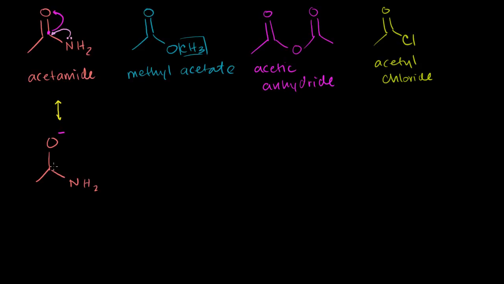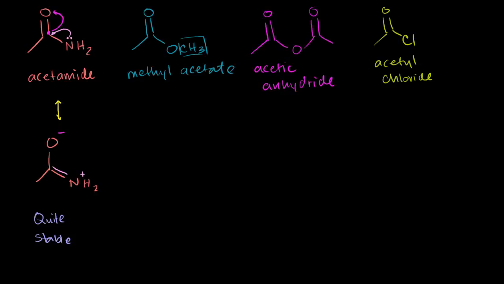And so now we have a double bond over here. And the nitrogen just gave an electron, so it now has a positive charge. But this is a resonance structure of acetamide. So pretty stable. Maybe I should even say quite stable. Now, let's think about an ester here.